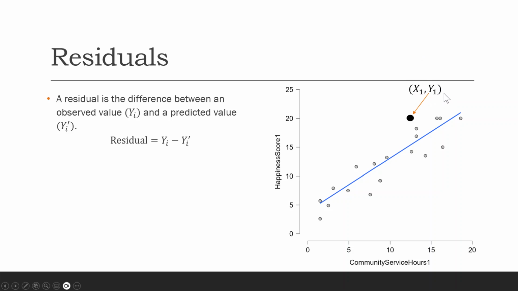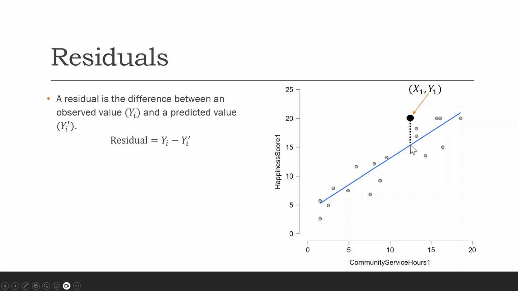Well, for every ordered pair, there's a corresponding ordered pair for a point with the same x value, but on our regression line, right? So if I were to go to that point and identify by vertical distance to that line, the corresponding point on that line, I could find out what my predicted y value is for that same exact x value, right?